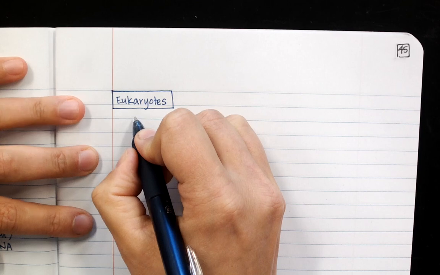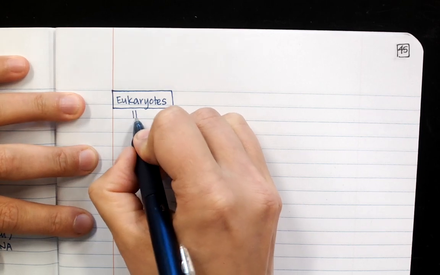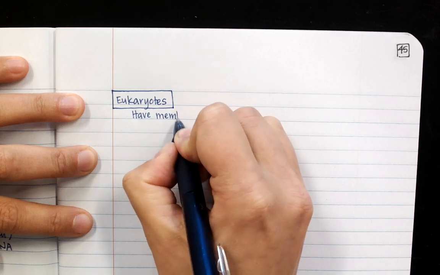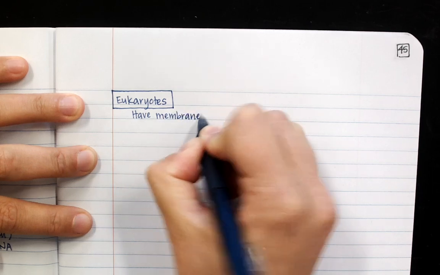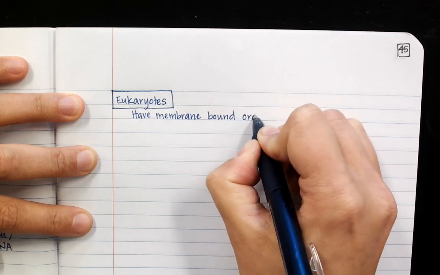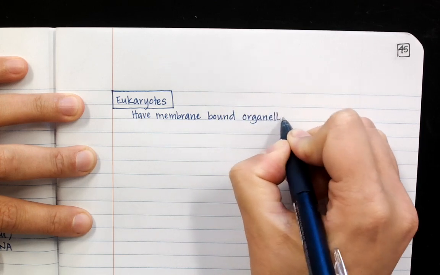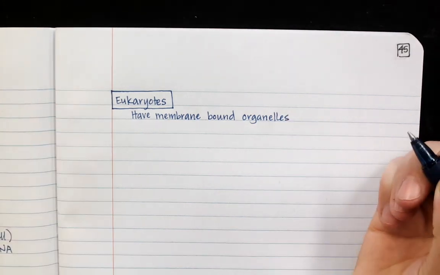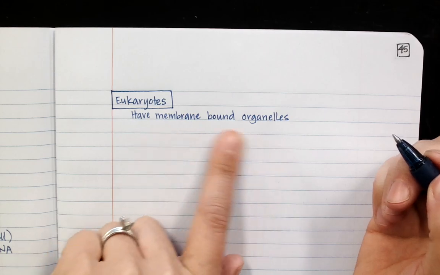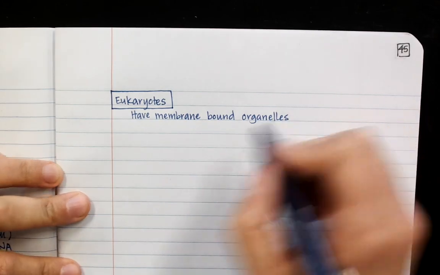So eukaryotes have membrane-bound organelles. And I said before that organelles are membrane bound, so this is sort of redundant, but it's easier if we just remember it like this.